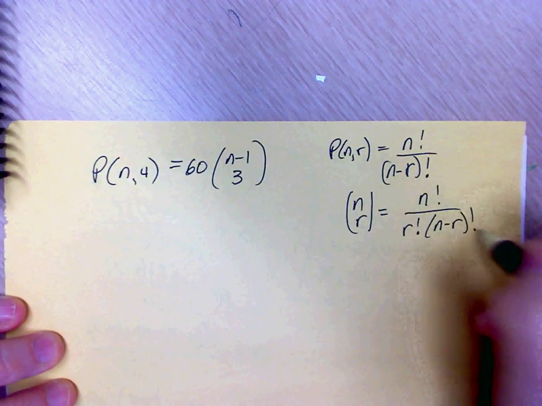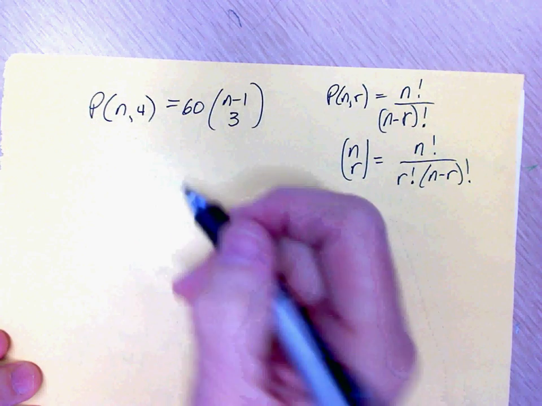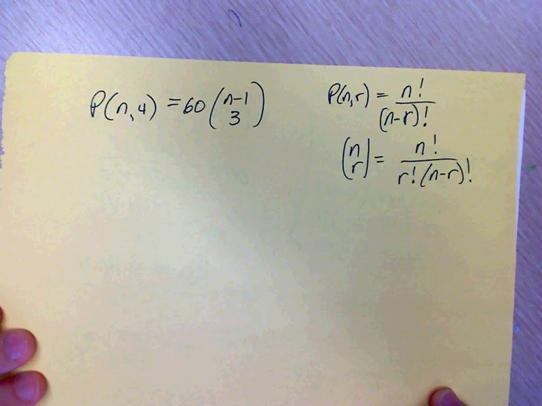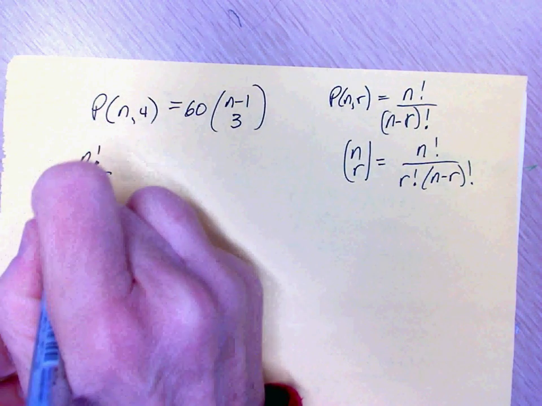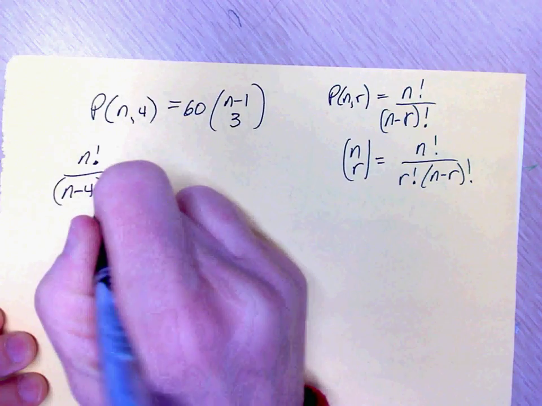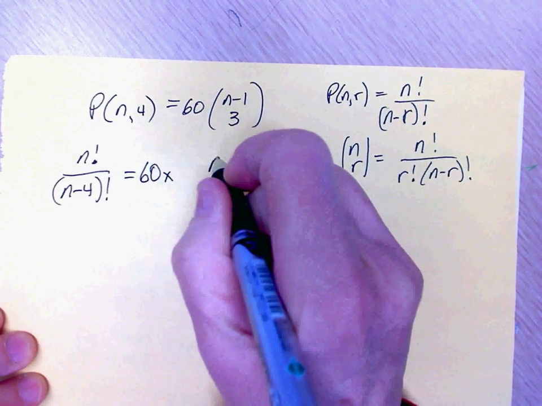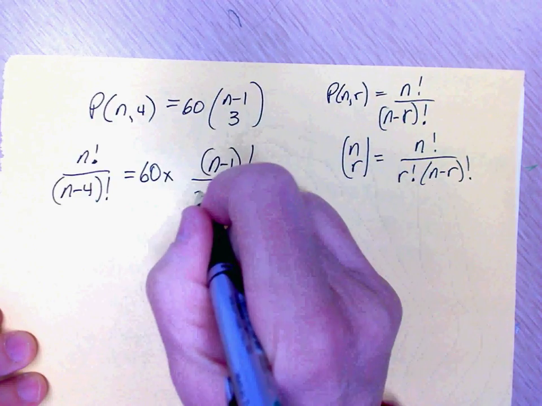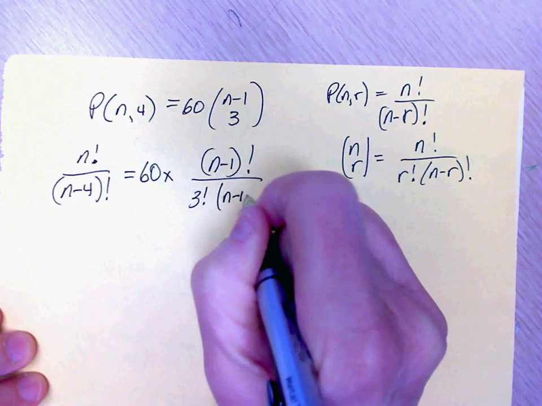Okay, so there we go. So let's sub it into our formulas, and then we can get rid of our factorials, and then we can solve for n. So we have n factorial over n minus 4 factorial equals 60 times n minus 1 factorial over 3 factorial times n minus 1 minus 3 factorial.